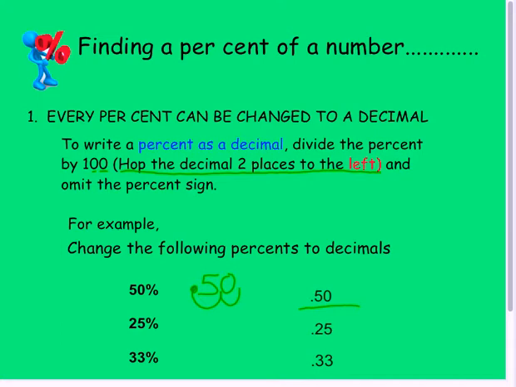Same thing with 25%. I rewrite the number, I drop the percent sign, and I move the decimal 2 places to the left, or 0.25. And the same thing can be done with 33%. Write it, drop the percent sign, hop the decimal 2 places to the left, 0.33.